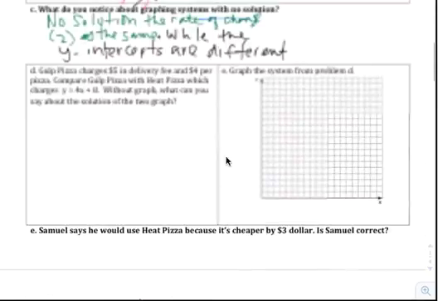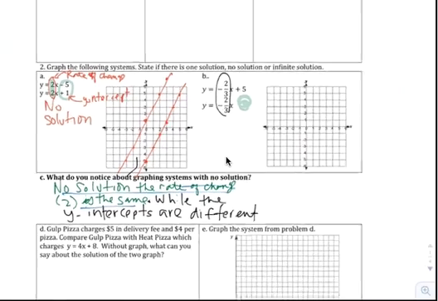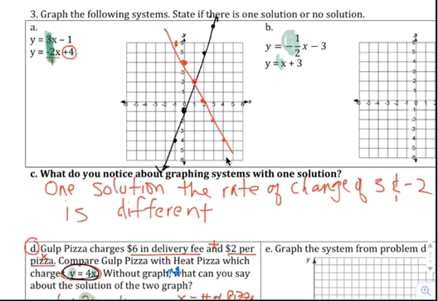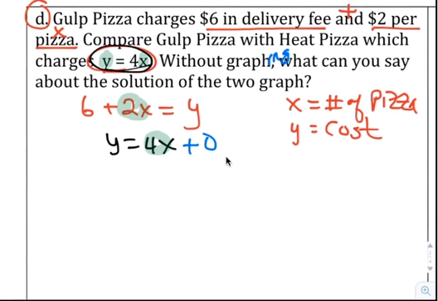Remember, all these, the rate of change were the same. No solution: rate of change is the same, while the y-intercept are different. Now, one solution is when the rate of change of 2 and 4 is different. So notice the rate of change, this is going to be one solution.